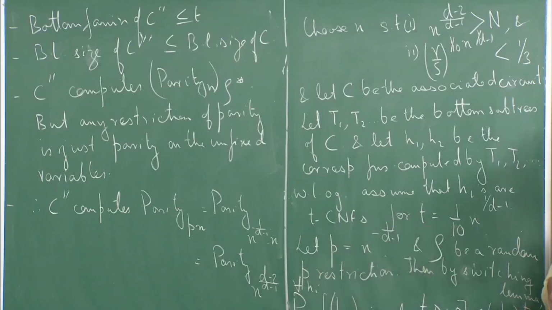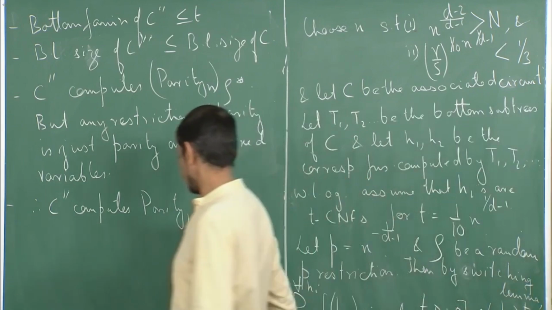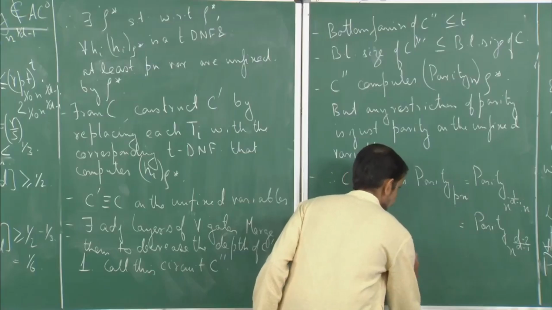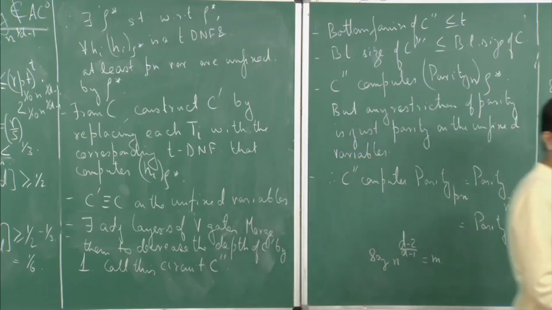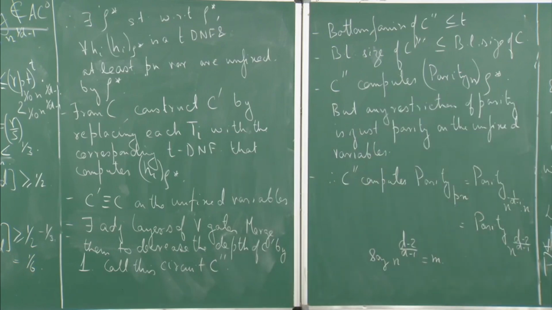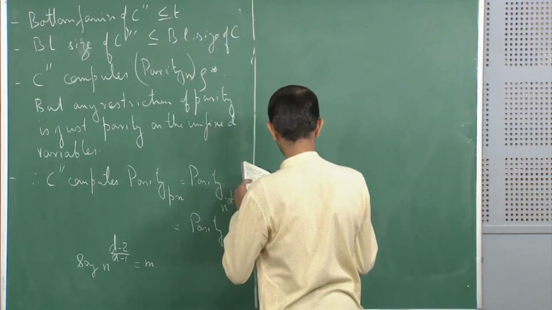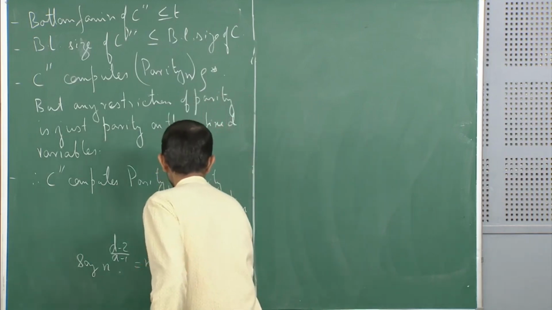Now, we will get a contradiction. So, now let us take this value as m. Say n to the power d minus 2 by d minus 1 is equal to m. And of course, note that by our choice this m is greater than n.